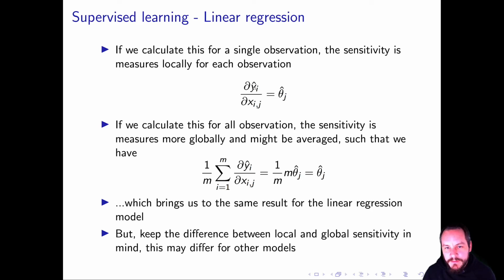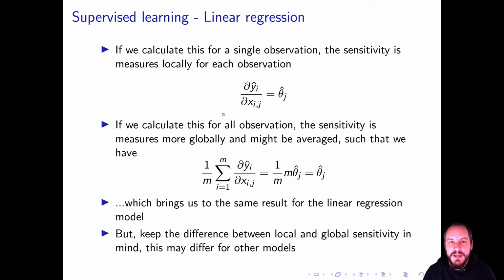So locally, we derive for each prediction how sensitive the prediction is to this certain feature variable for this given observation. And this is, in this case, just the value of the parameter estimate for the corresponding feature variable.